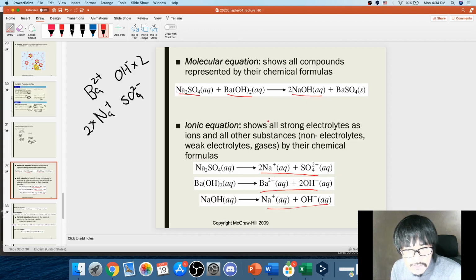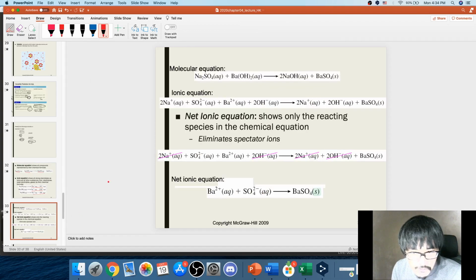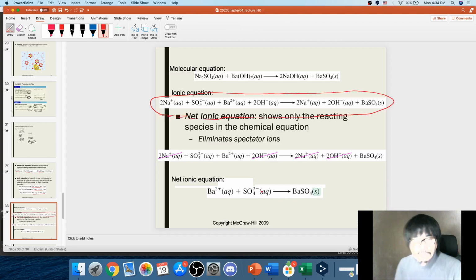Now you substitute these guys, and this becomes this one right here. That's called the ionic equation.